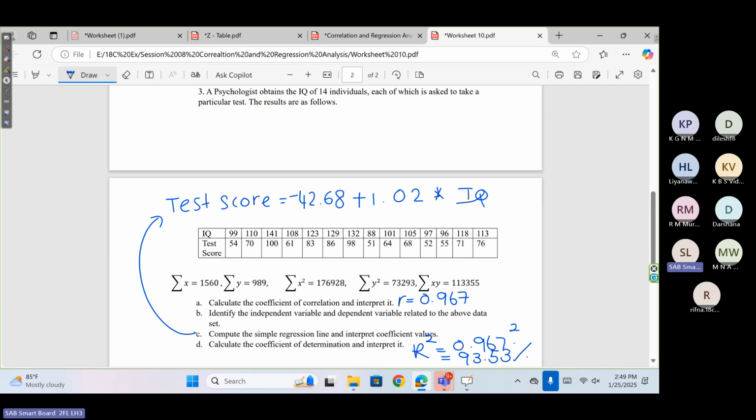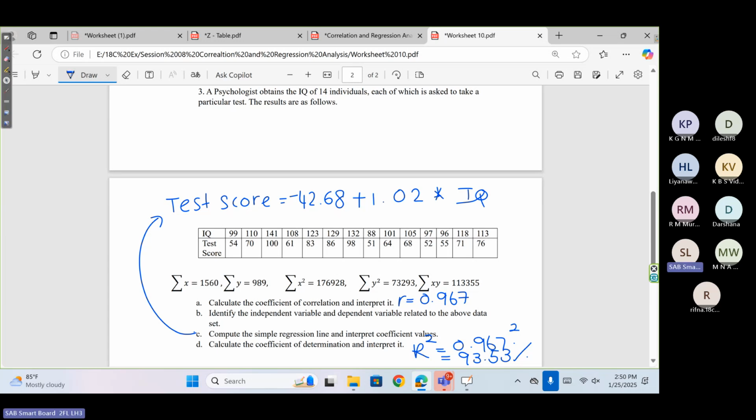Then here, 93.53% of test score is explained by the IQ level.